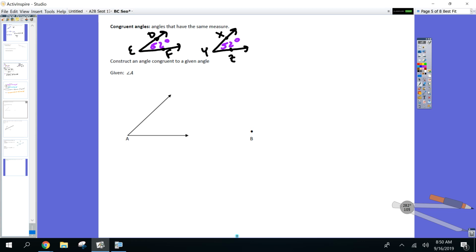Do they both have the same angle measure? Yeah. Okay, write me that they're congruent now. Angle DEF. We all remember the congruent sign. Is congruent to angle XYZ.